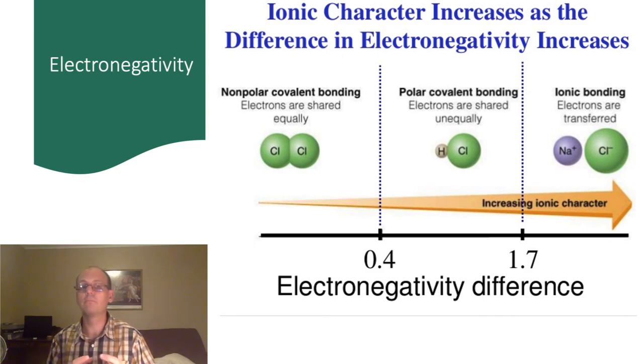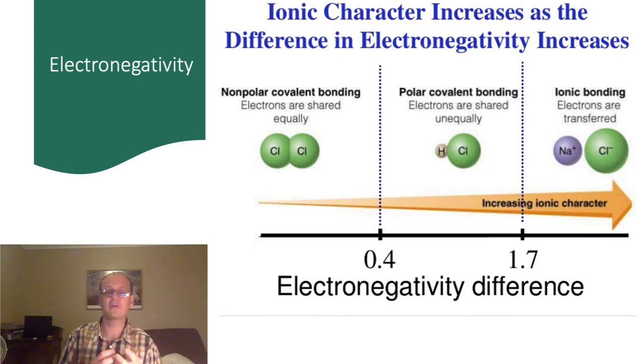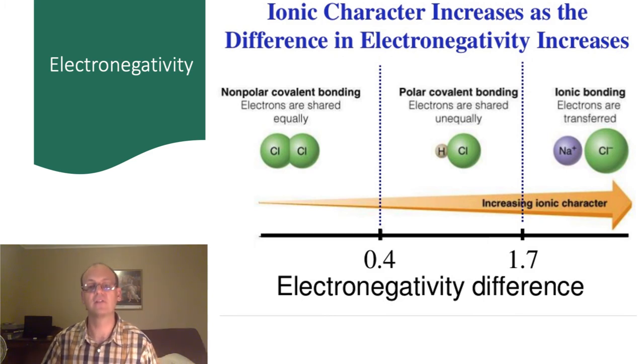As a result, the chlorine pulls the electrons much more strongly towards its nucleus than the sodium atom. In fact, the sodium pulls so weakly that the chlorine completely strips the electron from the sodium, resulting in an ionic bond.